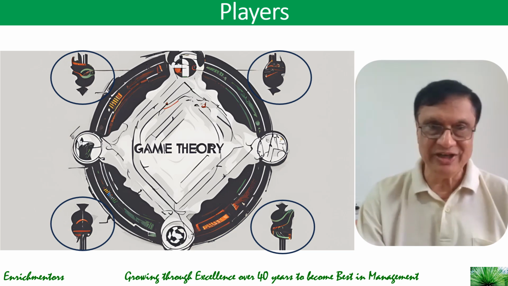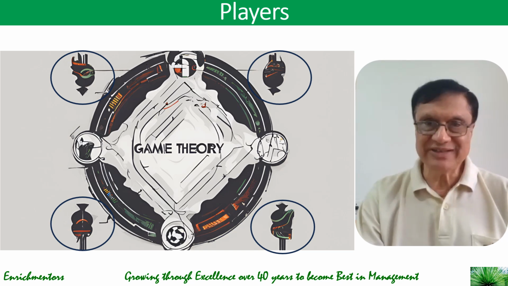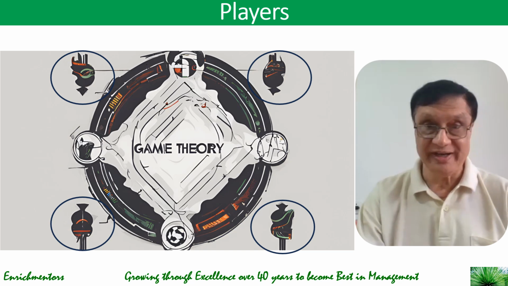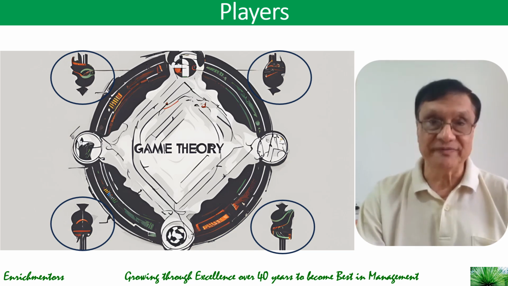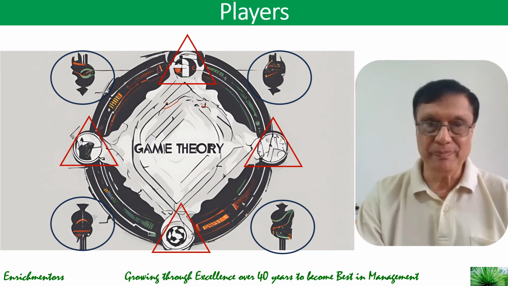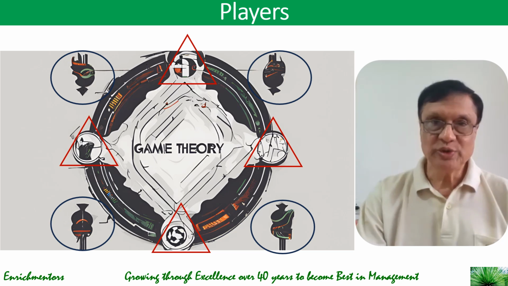If it is management, people who make management decisions. The whole assumption behind the theory is that each player aims to maximize his or her own payoffs. So each one is playing for themselves, maximizing their payoffs.